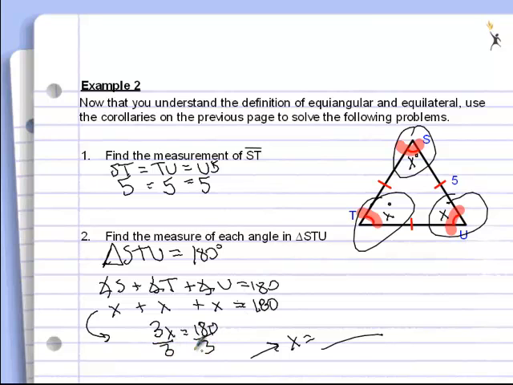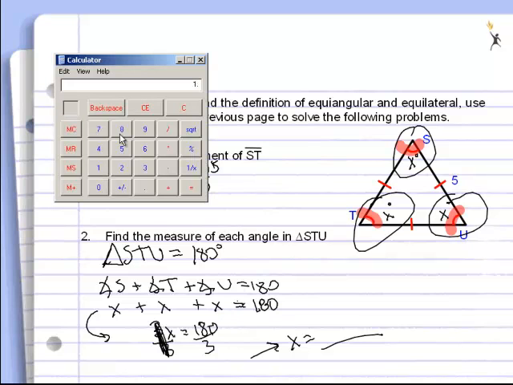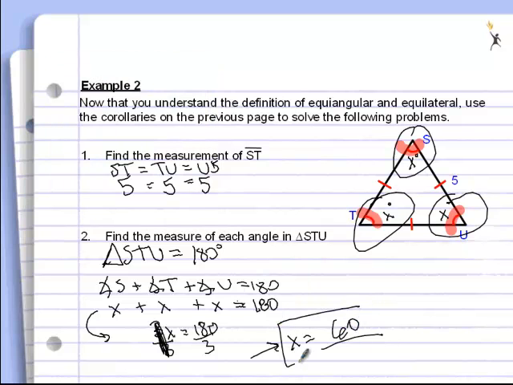I need to divide because this is a multiplication problem. The way you undo or reverse a multiplication problem is through division. When you divide both sides by 3, you get x equals 180 divided by 3. Well, 180 divided by 3 gives us 60. If x equals 60, then each one of these angles represents 60 degrees.